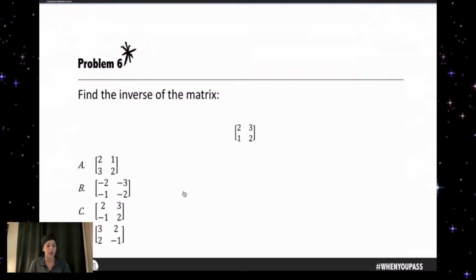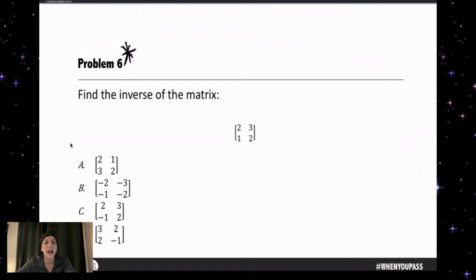Find the inverse of the matrix. Okay, so inverse of matrix is interesting because when we think of inverse of everything else, we think of the opposite or the negative or something like that. Matrix inverses are so complex for no reason.